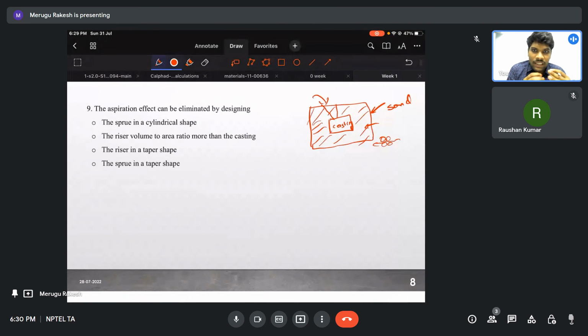So while designing this gating system, we always have to ensure that there is no low pressure being generated in the casting. So there are two things we have to keep in mind to avoid this aspiration effect. One is the designing of sprue, and the second is any change in cross sections, change in fluid direction.